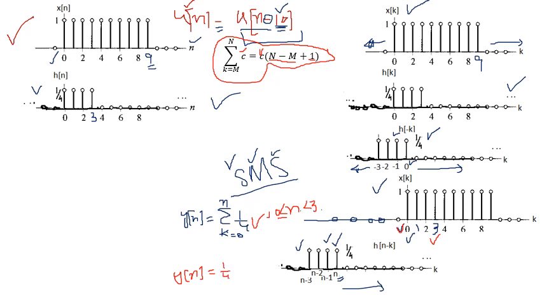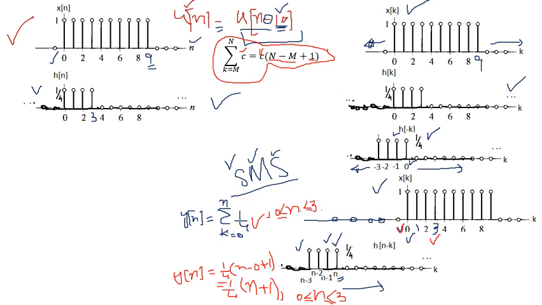That's your c, and then you have upper limit minus lower limit, so upper limit is n, lower is 0, so n minus 0 plus 1, so this simplifies to 1 by 4 times n plus 1, and the values of n for this are n greater than or equal to 0 and less than or equal to 3, right? Because up to 3 it's fine.